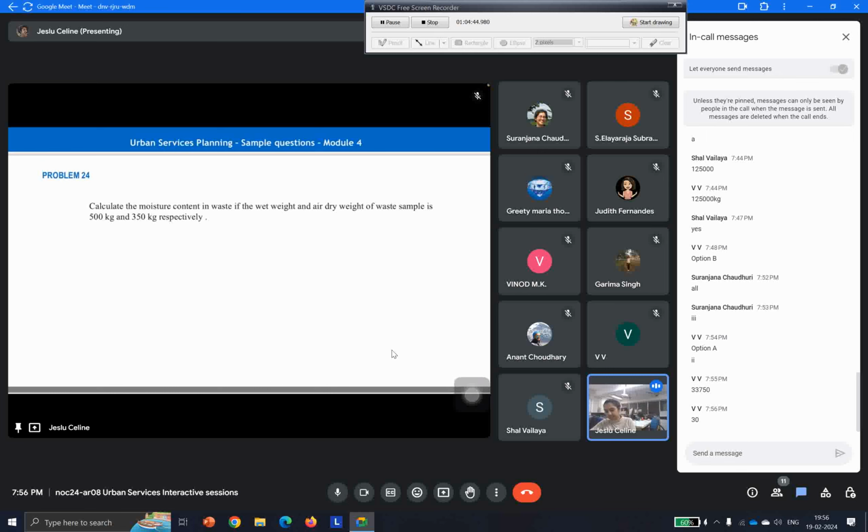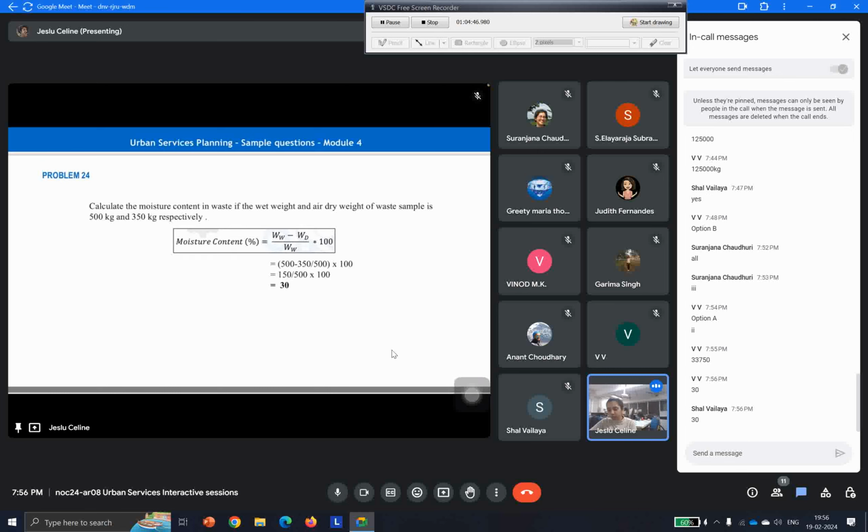Thirty, yes, 30 is the correct answer. We have discussed that moisture content is equal to weight of wet waste minus dry waste, divided by wet waste, into 100. So 500 minus 350 divided by 500 works out to 30. Very good. Someone has put the calculation also. That's the correct answer.